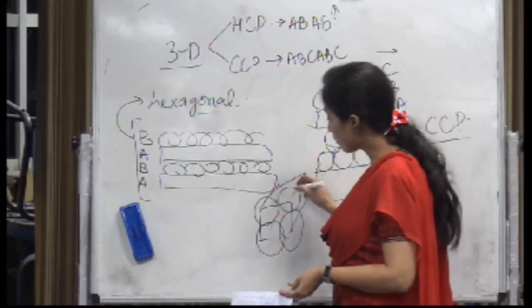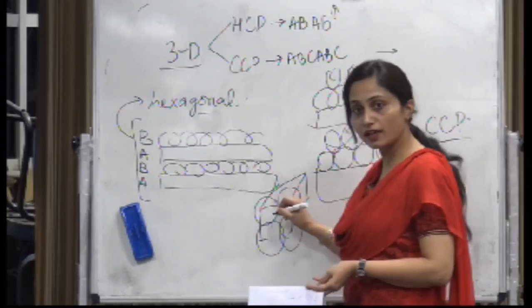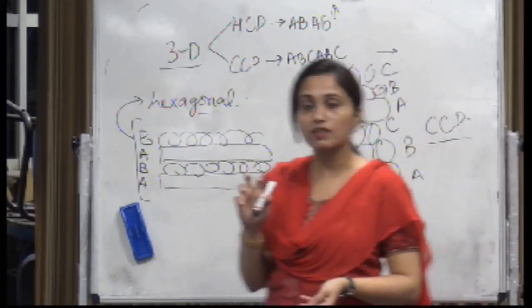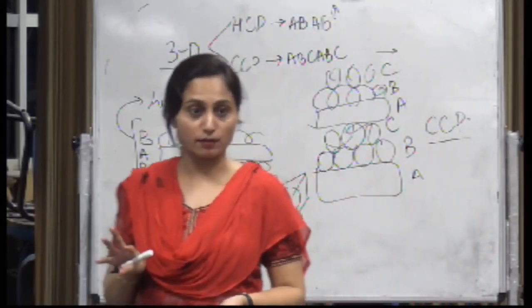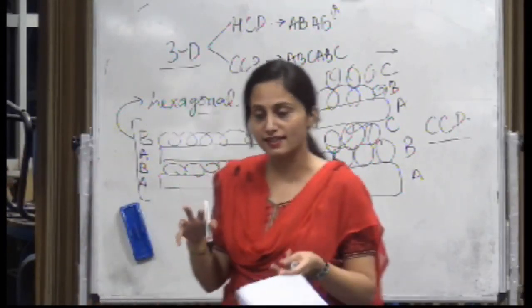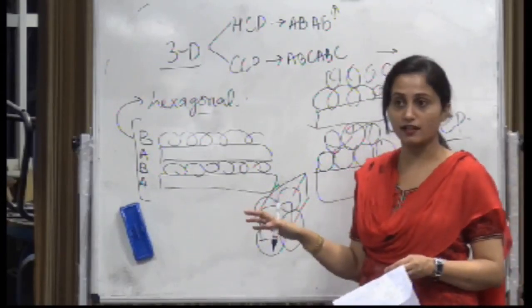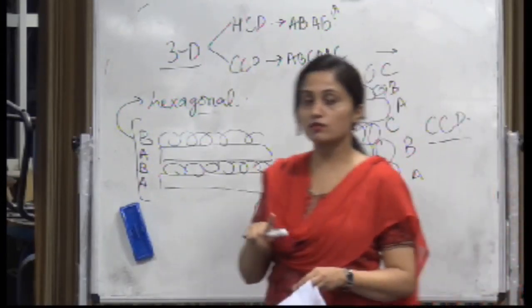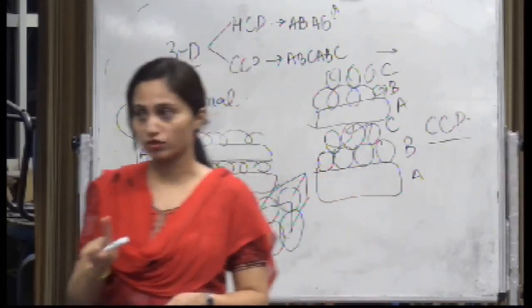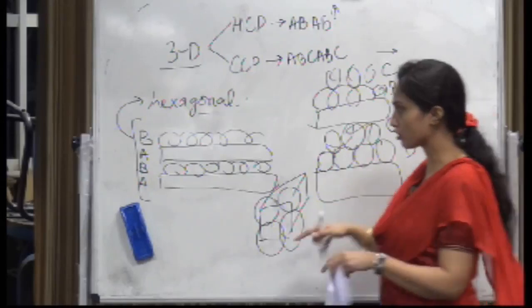There is a possibility at the edges as well as on the faces, because the tetrahedral voids are the ones surrounded by 4 atoms, and the octahedral are the ones surrounded by 6 atoms. So according to the positioning of the unit cell you can actually decide, and the diagrammatic representation of this is beautifully given in your NCERT textbook. Just check it out, it's given in a red box.